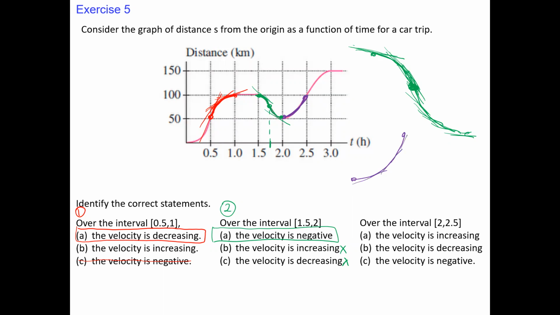That means velocity is positive. Oh no, that's wrong. And it's getting steeper and steeper. Velocity is increasing. Oh, it's the same situation? No, not the same situation as one. No. Now we can see the slopes are getting steeper in the positive direction, bigger, increasing.